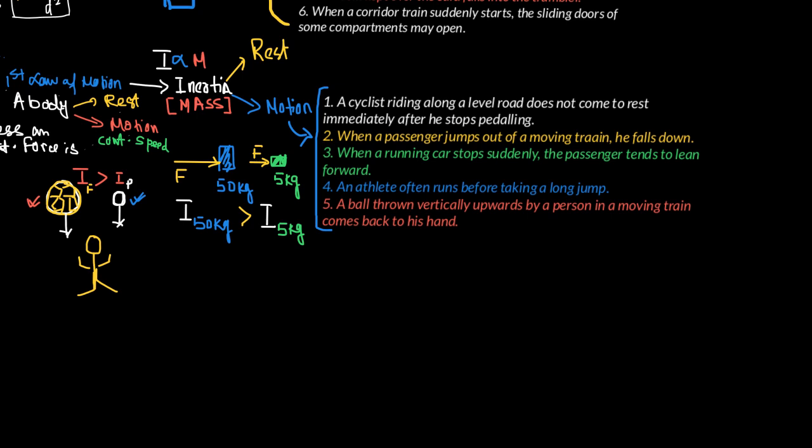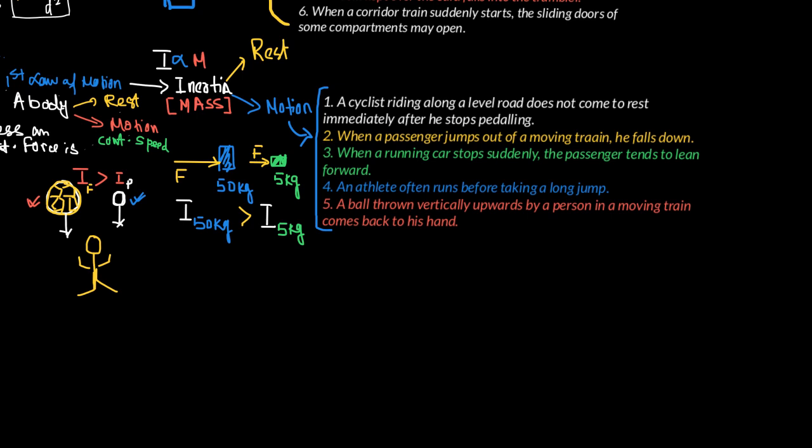So why does an athlete run? Because to make the entire body in motion, an athlete first runs for a few seconds, then it's easy to take the jump, because now everything is in motion, from running motion to a jumping motion. So it's inertia of motion right here, it's not inertia of rest.